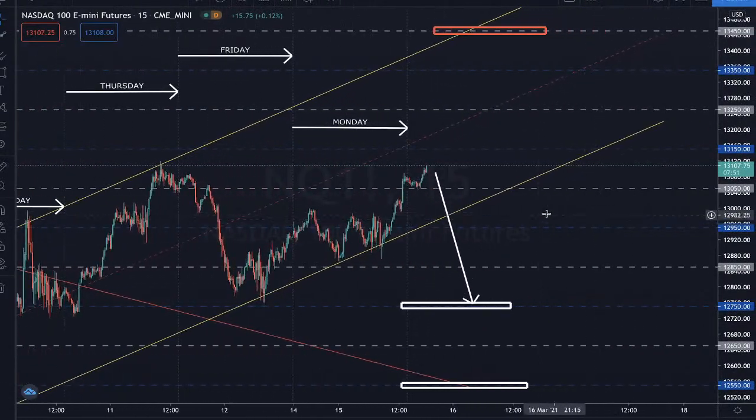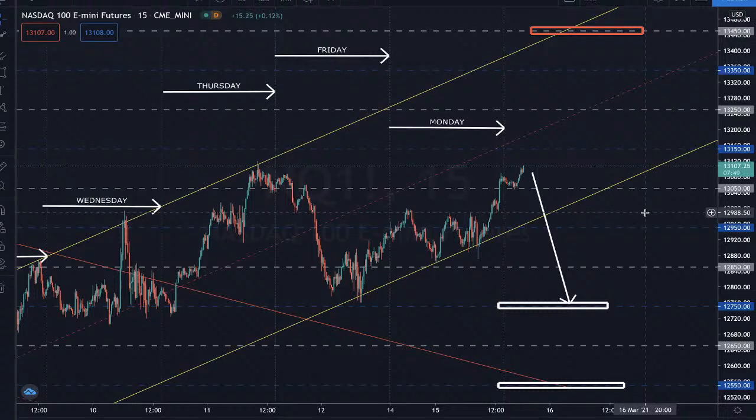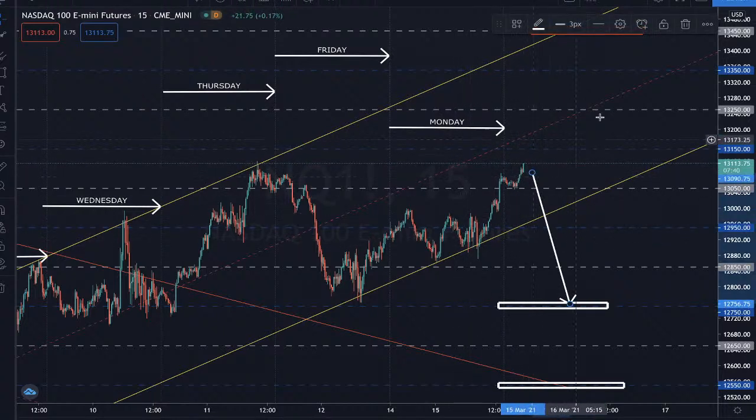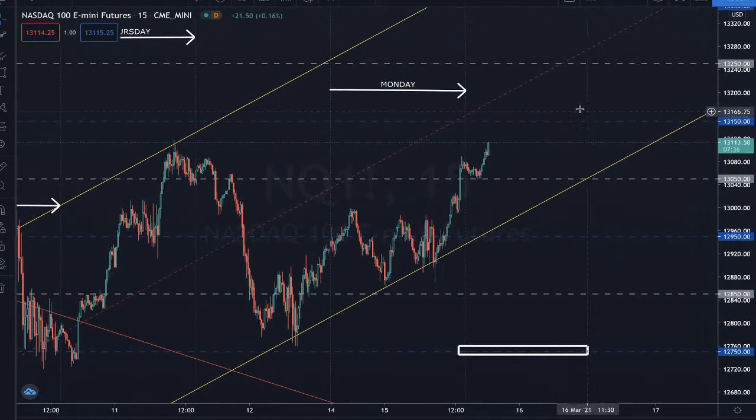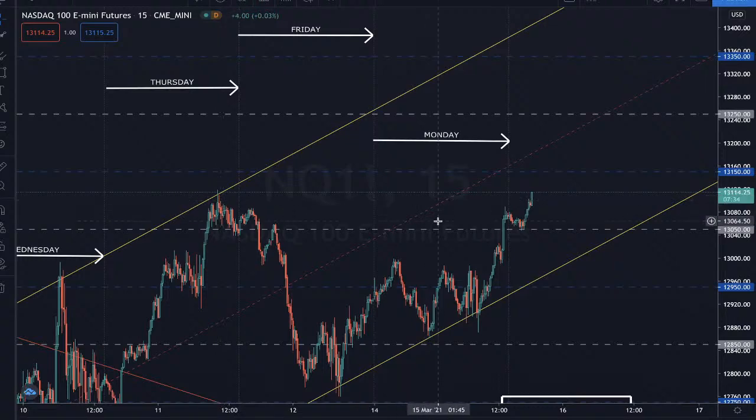You cannot predict the exact thing that's going to happen. You can only react. That's why I'm first giving you what I believe is going to happen, and as you can see here, we're trying to take out this previous high.